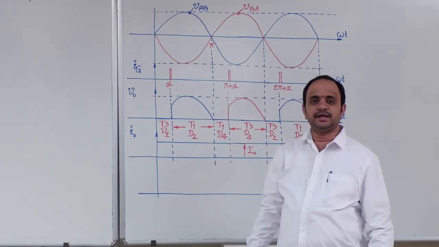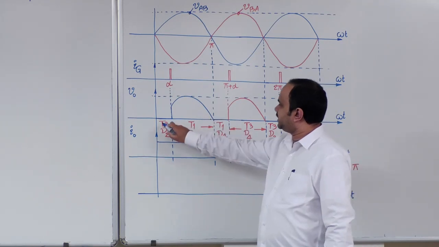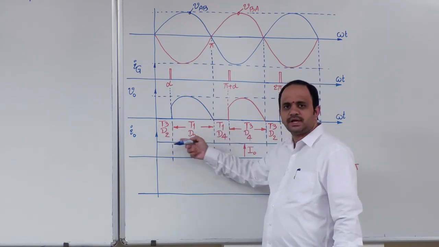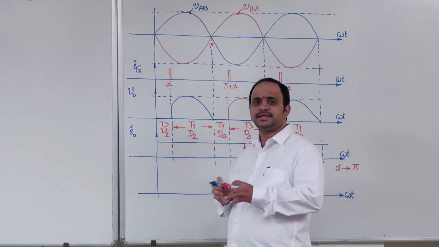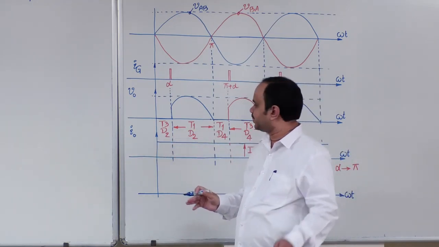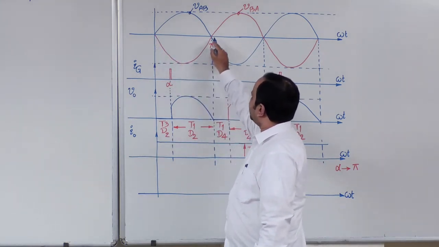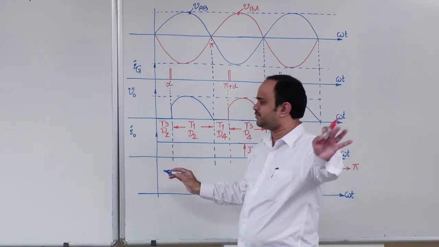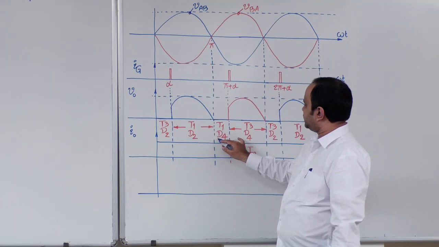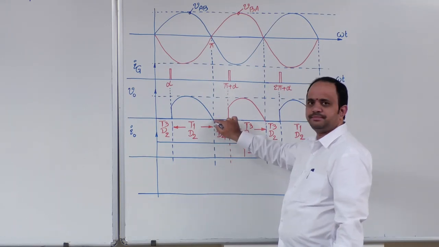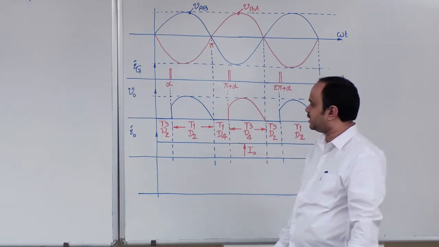Until this instant, T3, D2 is already conducting, because D2 conduction is independent of firing angle, isn't it? D2 started when VBA is negative, so D2 will readily start from 0. Similarly, D4 will start from pi itself, because a diode's conduction does not depend on firing angle.